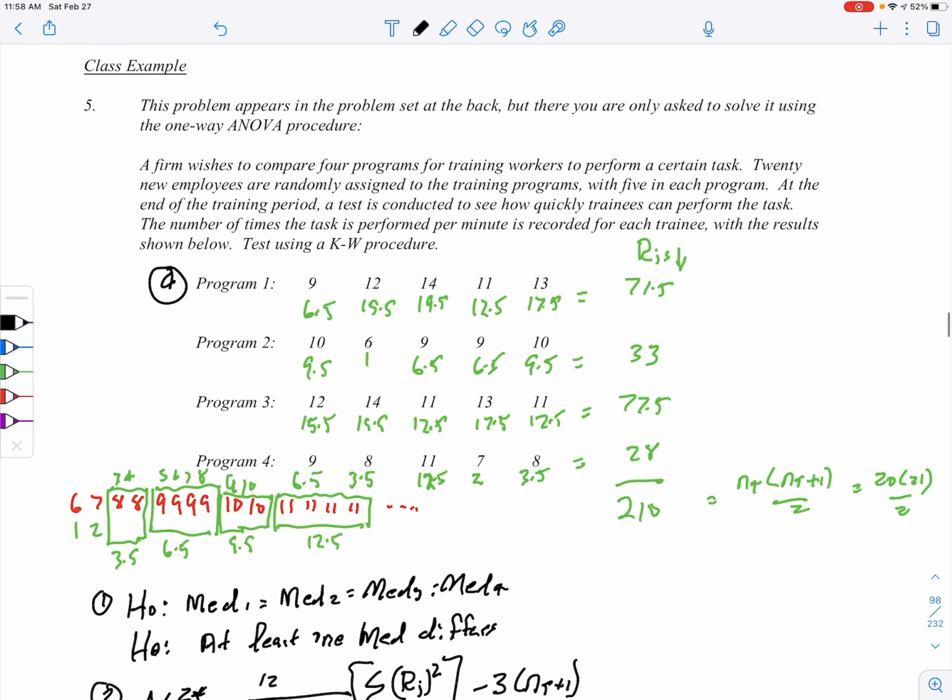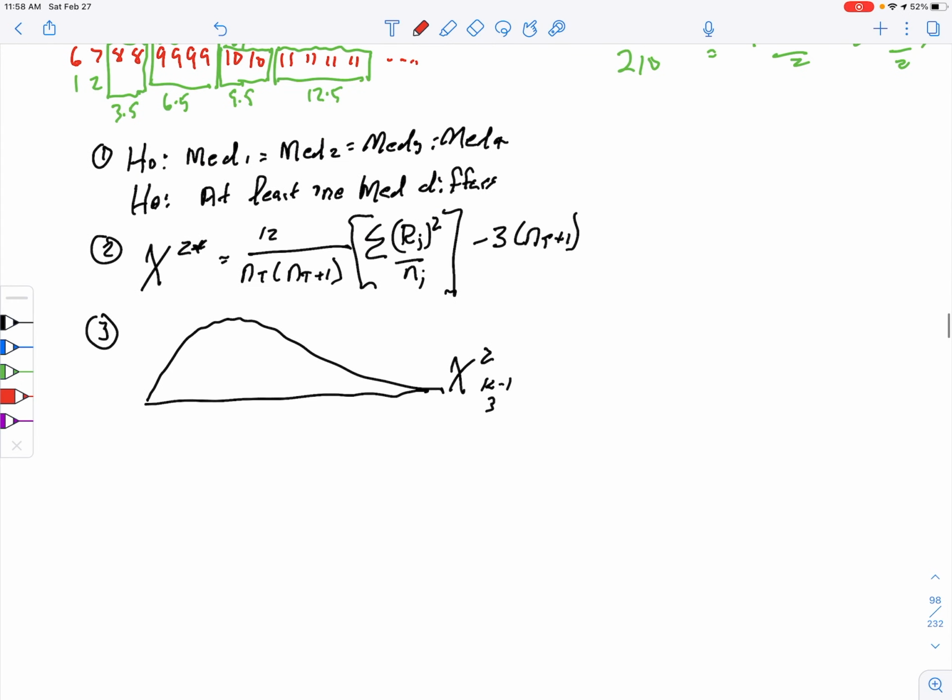Does it say anything in here about an alpha? No, so we'll assume an alpha here of 5%, and so we're going to have our 5% here, always an upper tail chi-square distribution. And so that is that.